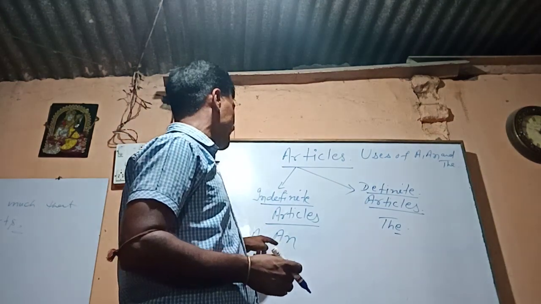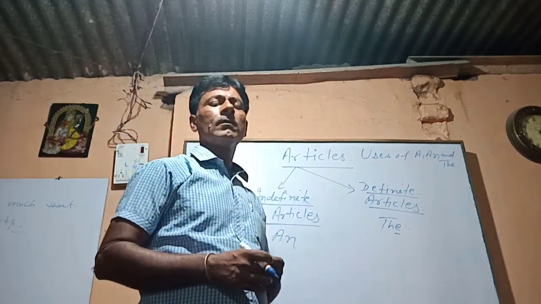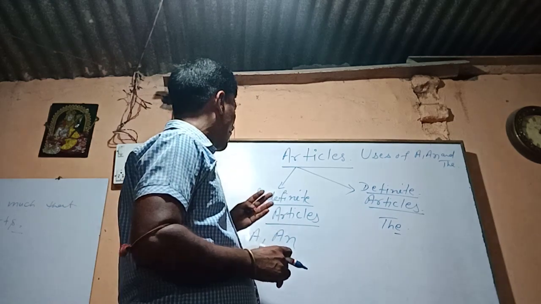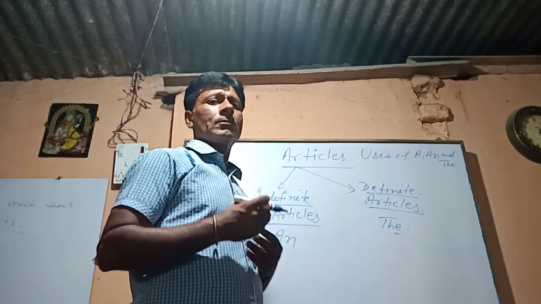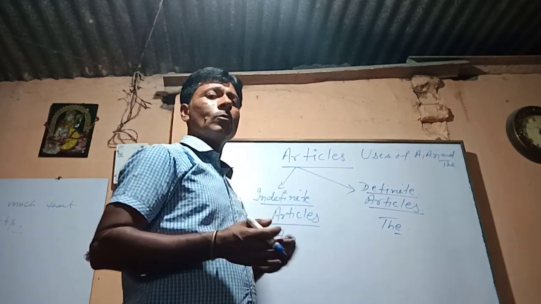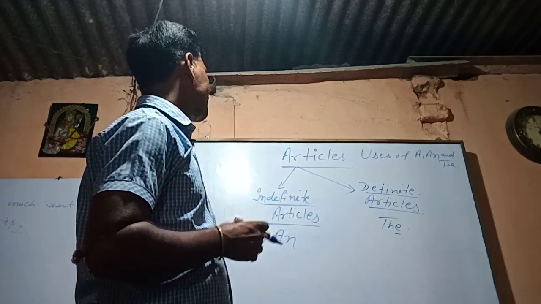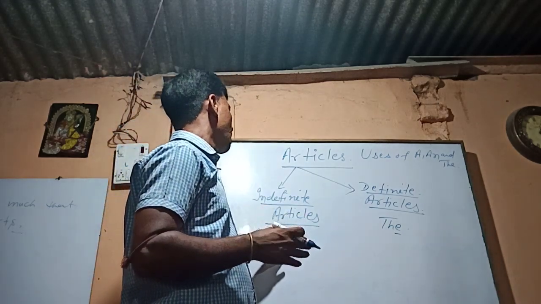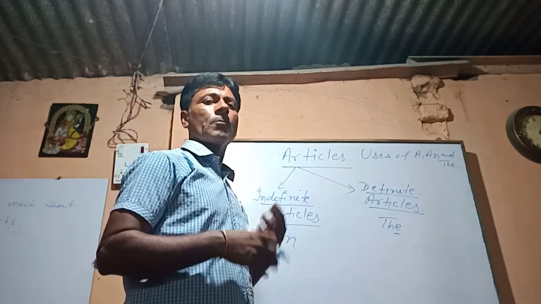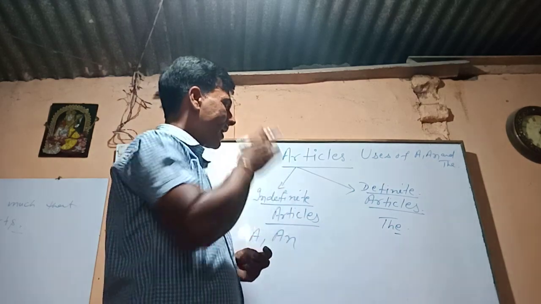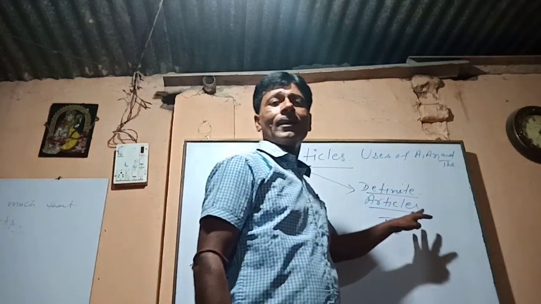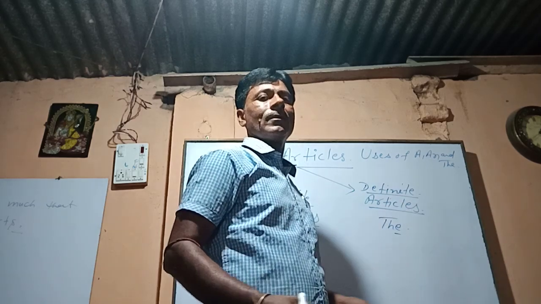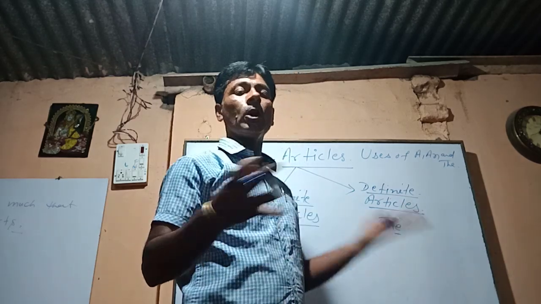Indefinite article is A and an, which is used not to describe any particular or definite object or person or anything, whereas definite article is used to describe definite, particular things.